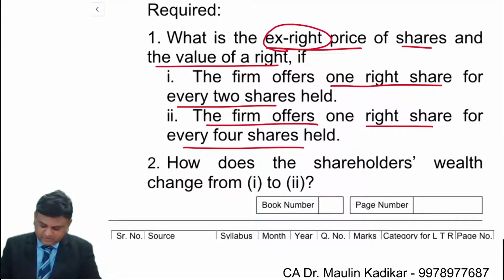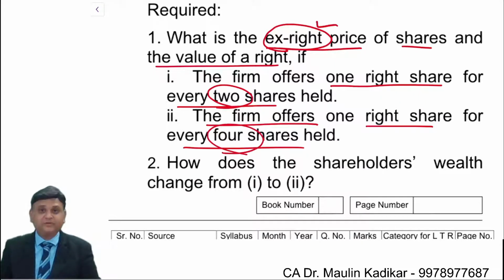Ex-right price per share in case of 2 shares offered for 1 share. Ex-right price per share in case of 1 share offered for every 4 shares. And value of the right in both the situations. So there are 4 questions. Try to answer on your own. Let us see. Please write an answer.